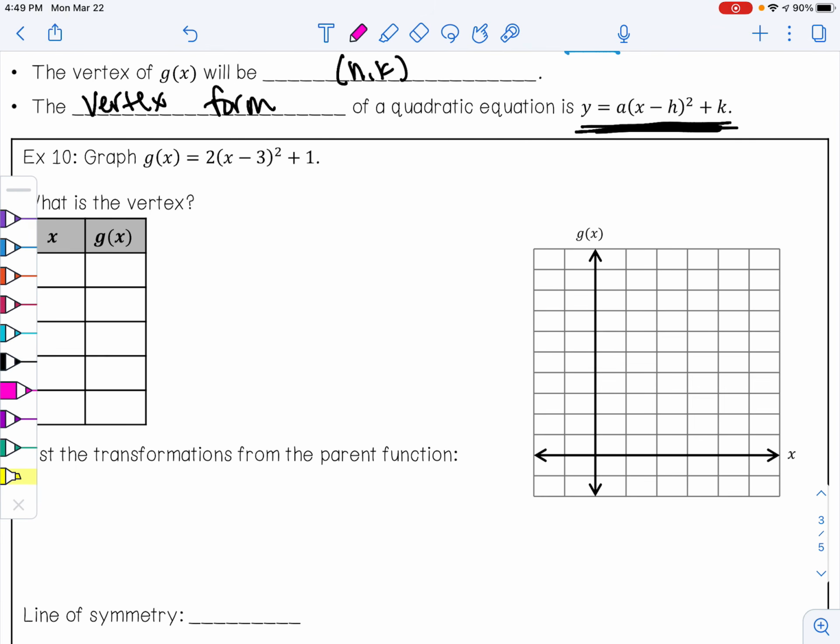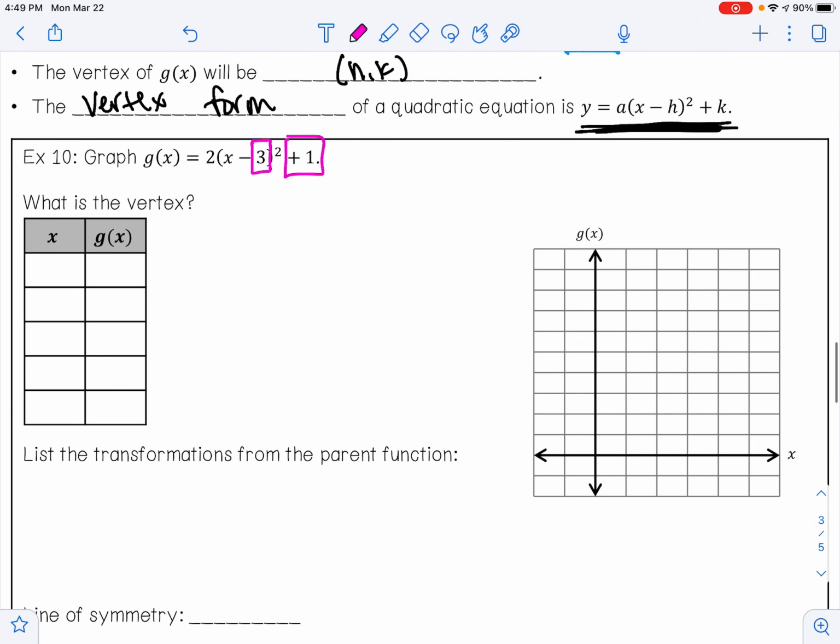My vertex is going to be at (h, k), so I change the sign of h and keep the sign of k. So -3 becomes +3, and we keep +1. I always want to have my vertex in the middle of my table. So that is going to be my vertex.